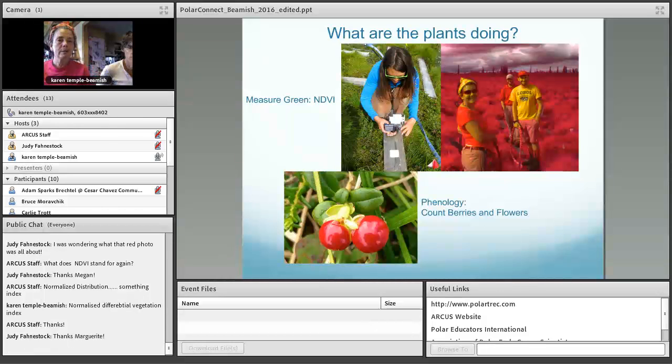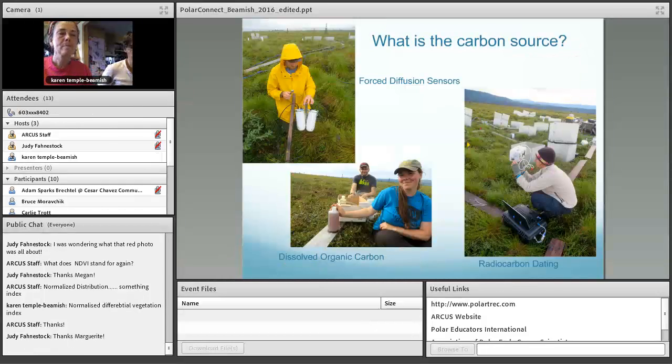Next slide, please. Another thing that they need to know is, what is the carbon source? Michael in the left-hand corner of the screen is setting up what are called force diffusion sensors, which will be placed on the tundra to measure the microbial decomposition during the winter.